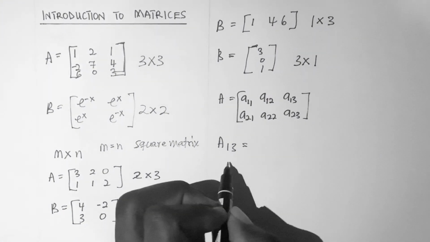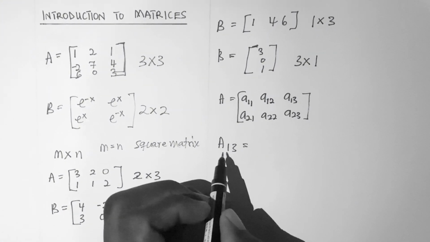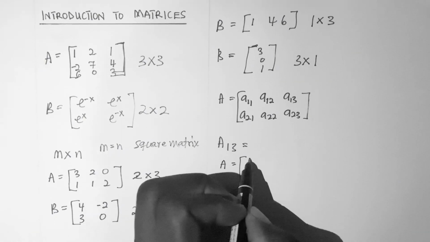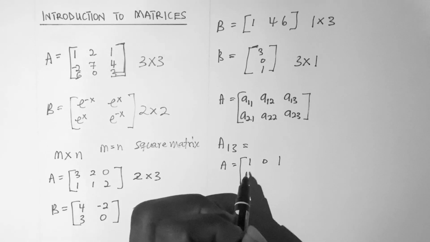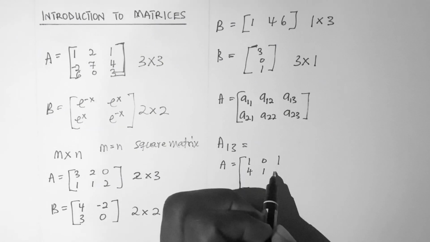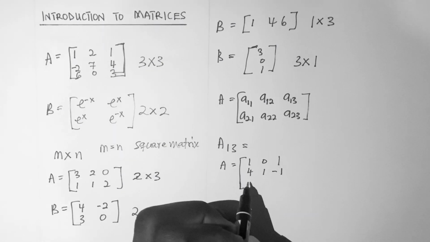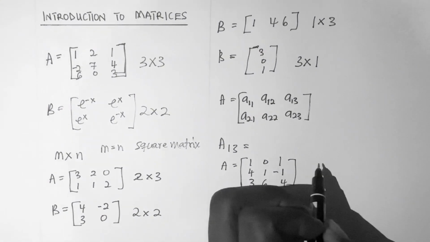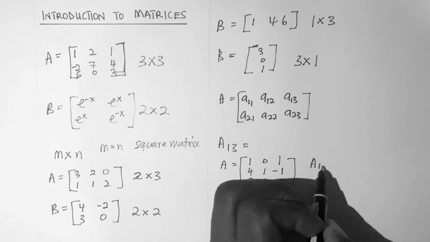So let's consider this matrix. Let's say matrix A equals 1, 0, 1, and then 4, 1, minus 1, and then 3, 6, 4. Let's find the term A12.